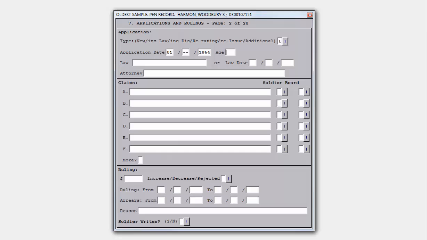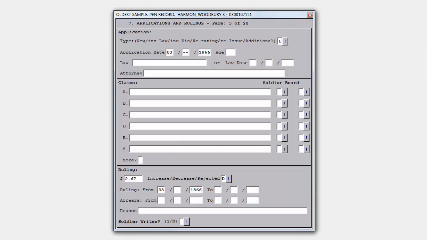The only other information we have is the ruling of $4 and the commencement date. This represents a decrease from his previous rating of $6. The second decrease in pension recorded on this form is input in the same manner: application type law, application date March 1866, and ruling amount rounded up to $2.67, commencing March 1866.